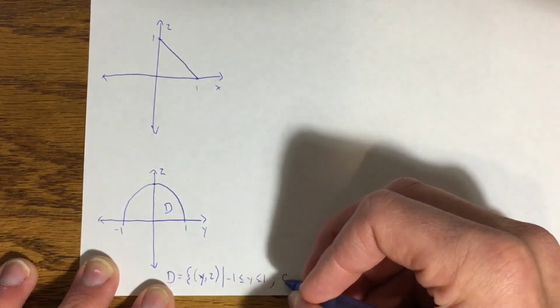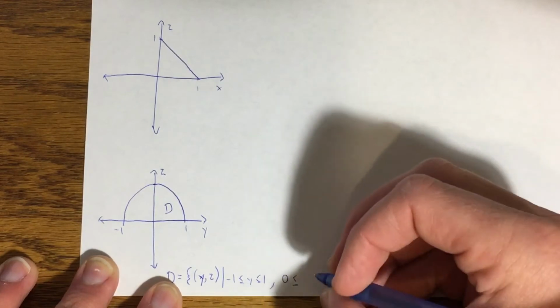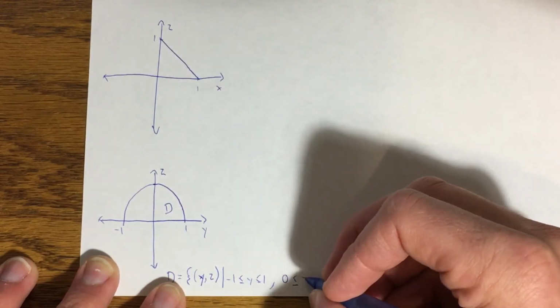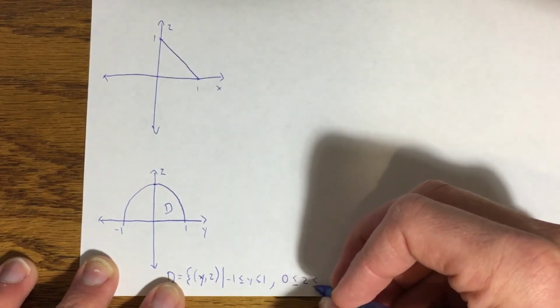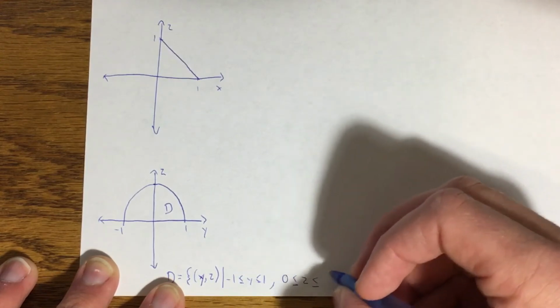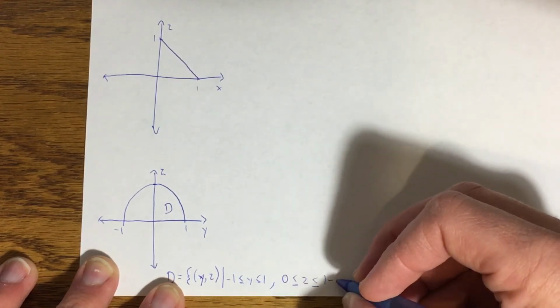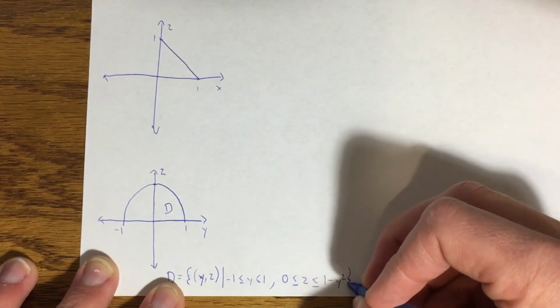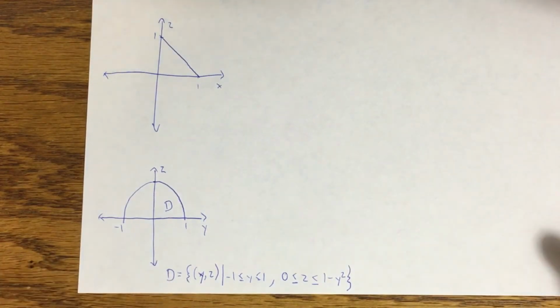So I'm going to say 0 ≤ z ≤ 1 minus y squared. Okay, so those are the bounds for our z.